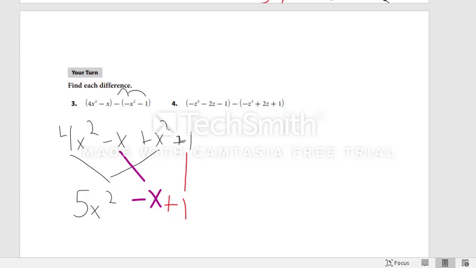All right, example 2, distribute that negative. Nothing changes in the first polynomial, so negative z to the third minus 2z minus 1. Distributing that negative, negative times a negative z to the third makes plus z to the third. Negative times 2z makes a negative 2z, and negative times a plus 1 makes negative 1.